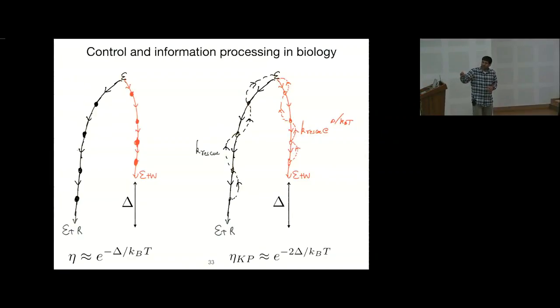I don't think it was originally called rescue, but let's go with this terminology for reasons that will become clear later on. And what happens in these pathways is, let's say I start over here and I come over here, there is a finite probability or a finite rate that the system wants to go back from here to this E state.